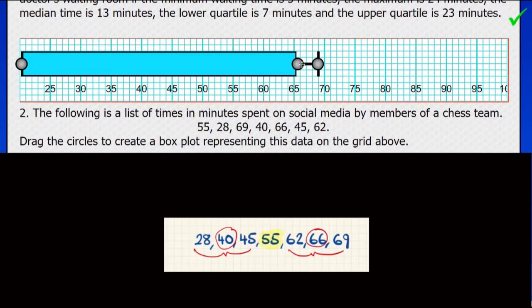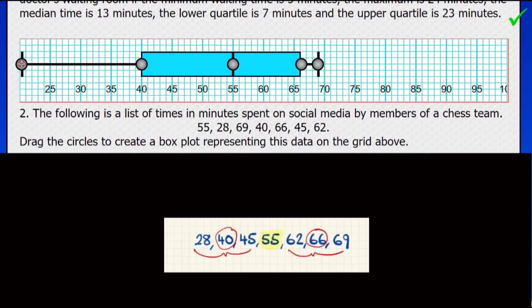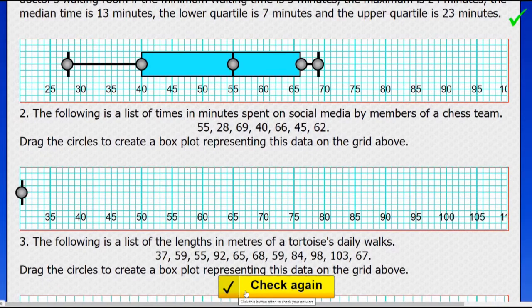So let's move that up to 66. The median is 55, which is right there. The lower quartile is 40. And the minimum is 28. Right about there. Let's check we got it right. Yes, a little tick has appeared. We must have got something right.